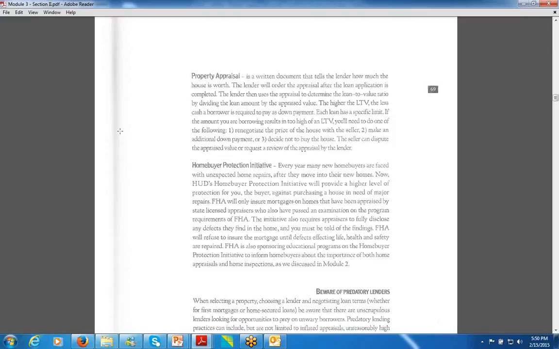If your house is appraised, you're in a contract for 100 and your house is appraised for 90, then you've got an option. You can go back and renegotiate, or you can walk away, but you can spell it out in the contract. But the deal will not go forward for a price that's higher than your appraisal.